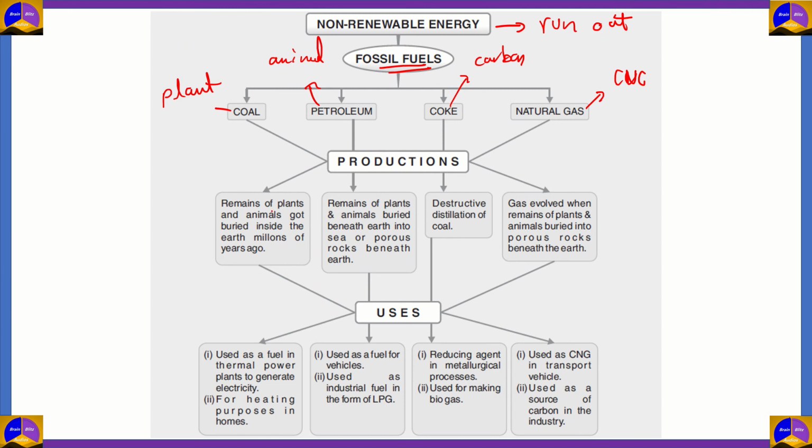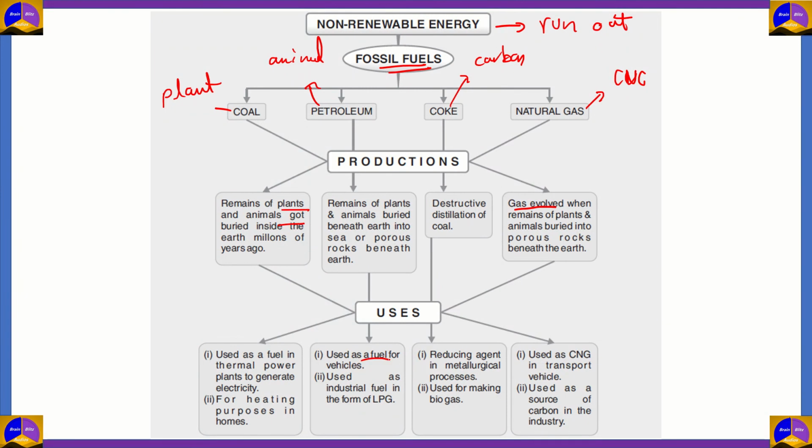So coal is remains of plants and animals. Petroleum is remains of animals beneath the earth, in the sea, or in porous rocks beneath the earth. Coke is the destructive distillation of coal, and natural gas is the gas that is evolved when petroleum forms under the earth. Now, coal is used as a fuel in thermal power plants to generate electricity, and it can also be used for heating purposes in homes.